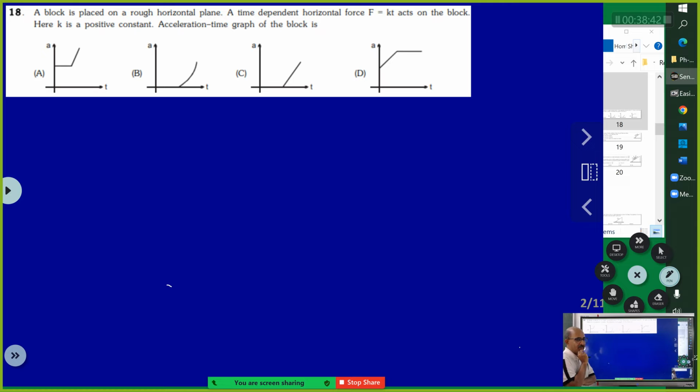C option. Arun has got B, you got C. Somebody else?